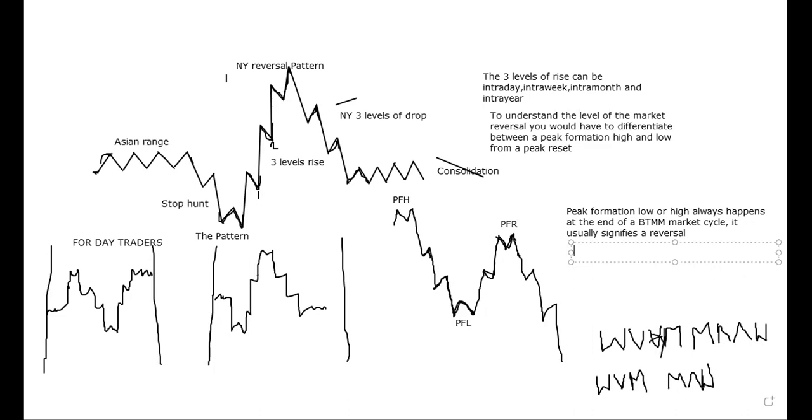Peak formation reset always happens either on a 1 or 2 levels of rise or drop, and it usually signifies a continuation.